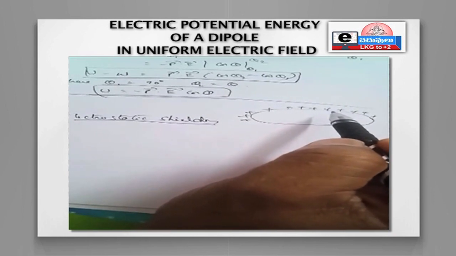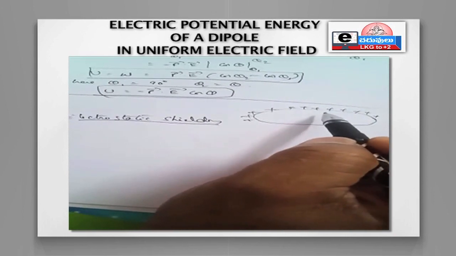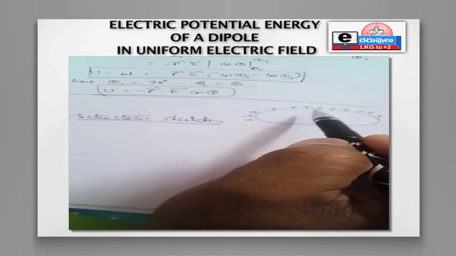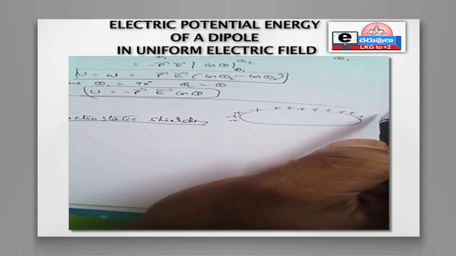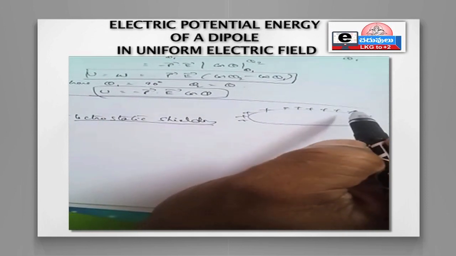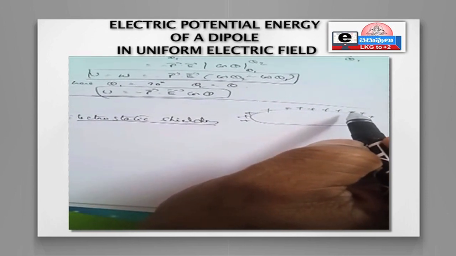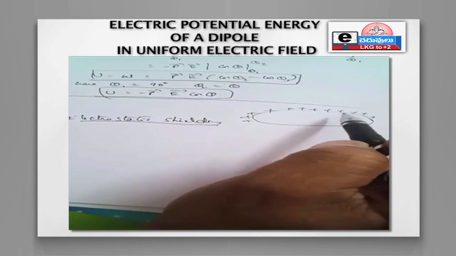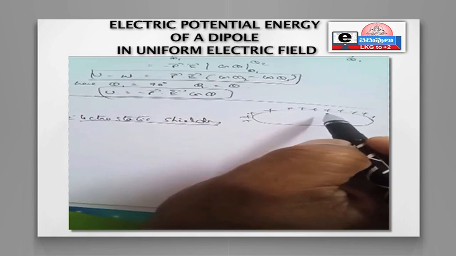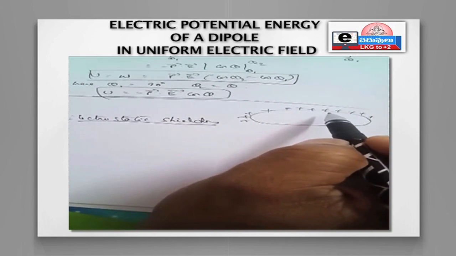Lightning will not reach the people sitting inside the car because all cars are electrostatically shielded. You can give this explanation for any closed vehicles going on the roads, like cars and buses, all of which are electrostatically shielded.